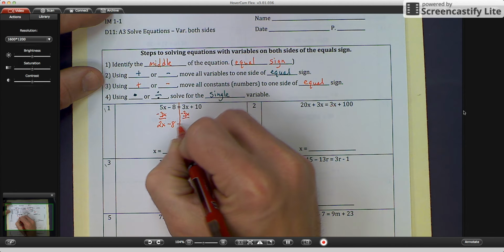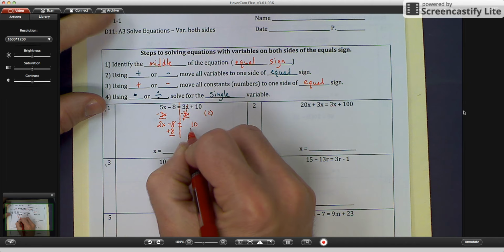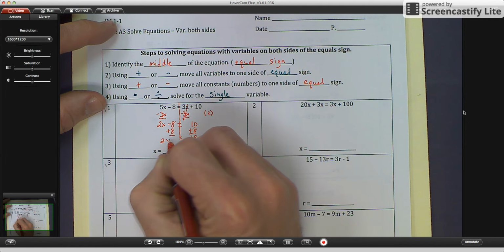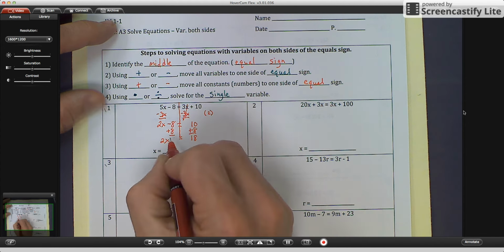Once I have this, that was step 2, right? Put a 2 there. Now I need to, step 3, using addition or subtraction, move all constants or numbers to one side of the equal sign. So I need to move this number, a -8. Well, the inverse operation of -8 is to add 8, so I'm going to add 8 to both sides. You get 18 is equal to 2x. And then, that was step 3.